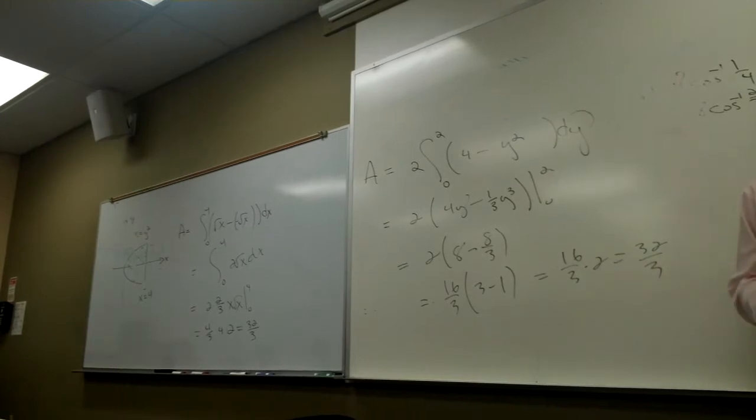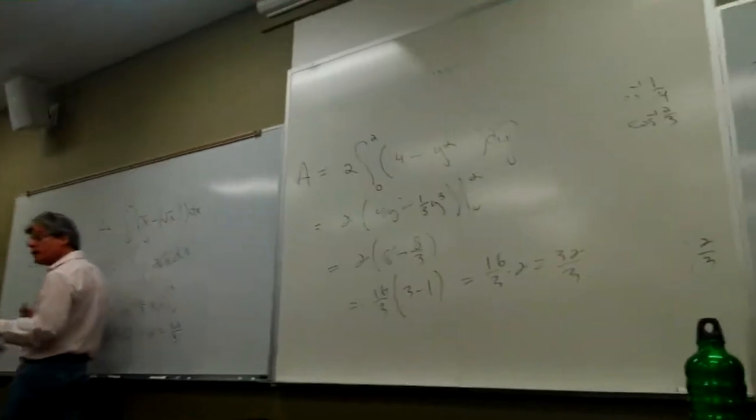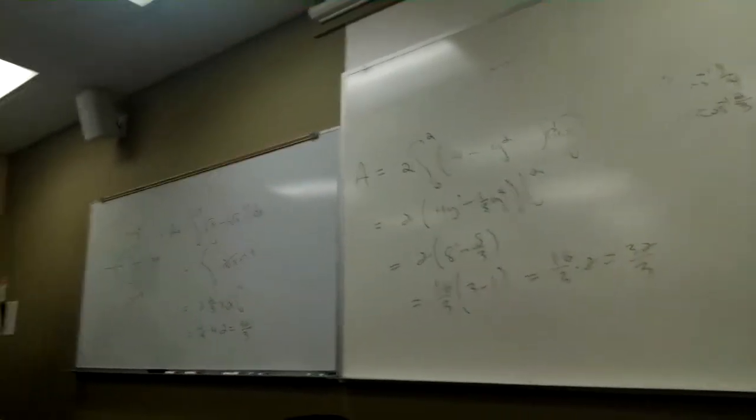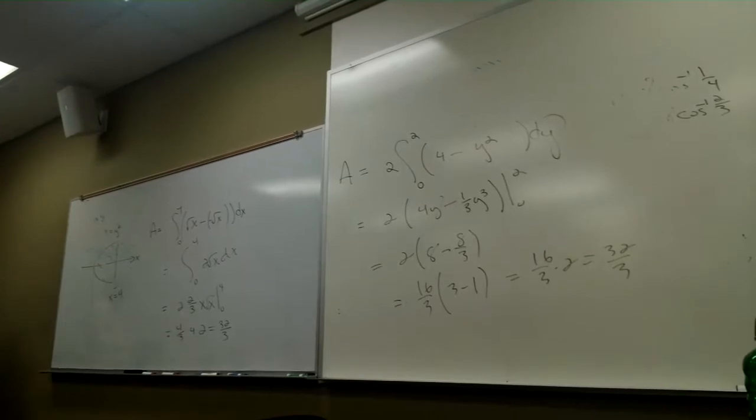My point is, sometimes it might be more advantageous to integrate with respect to the variable y. Just draw your triangles or rectangles appropriately. How would you phrase the question for us to know which way you want us to do it? I think with this question, the perfect instruction would be: compute the area, and leave it up to you.